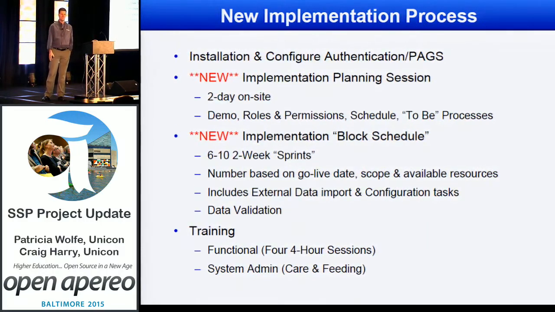And what we did, instead of throwing at them a 40 or 50-page configuration guide and 25 or 30 external data tables, each containing multiple fields, and just trying to help them, we've broken it up into more of an agile process. So we go from 6, usually probably the average is 6 or 7, but we can go up to 10 2-week sprints.